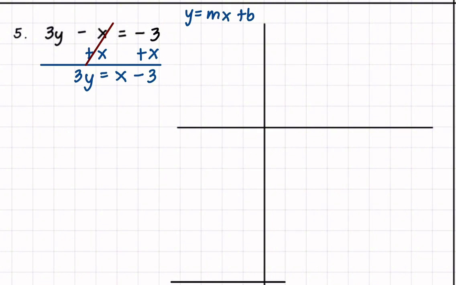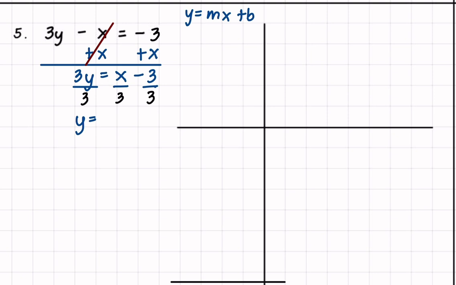Okay, class. Next, we have to divide all the terms by the coefficient of y, which is 3. Next step, 3 divided by 3 is simply 1. So we can just write y is equal to, do you see any number beside x?